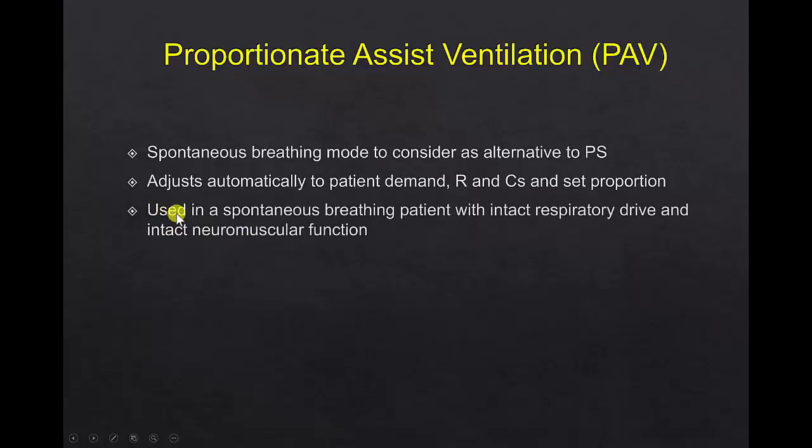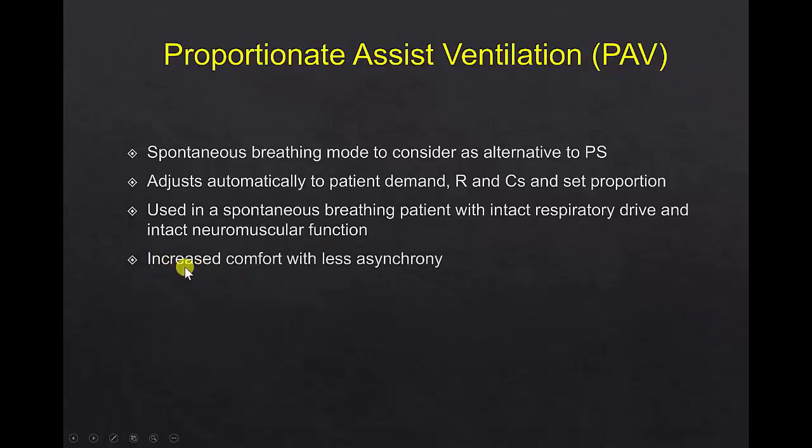So we use proportional assist ventilation in spontaneously breathing patients with intact respiratory drive and intact neuromuscular function. If they don't have an intact respiratory drive, they have no mandatory volume, and if they don't have neuromuscular function, they might not even trigger the ventilator.